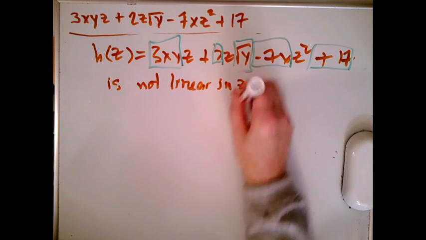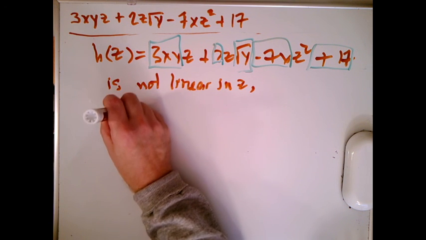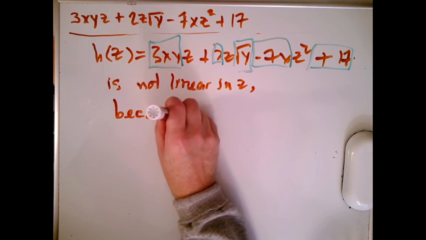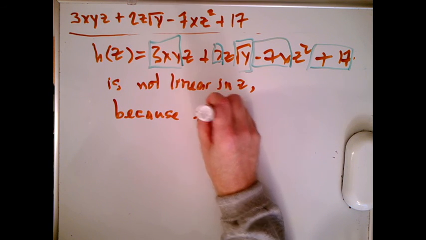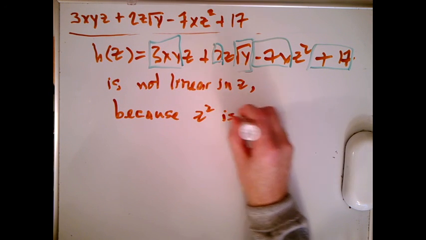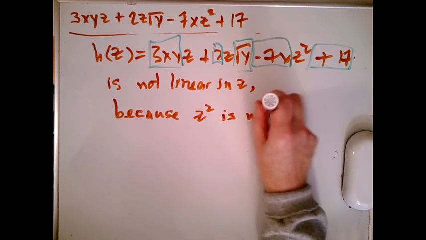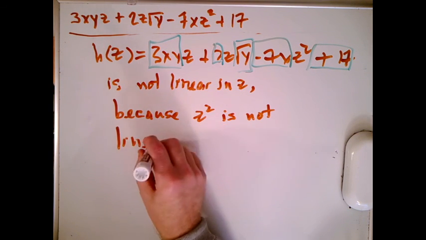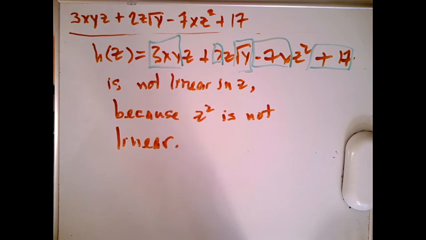And why? Because z squared is not linear. Ta-da! That's it.